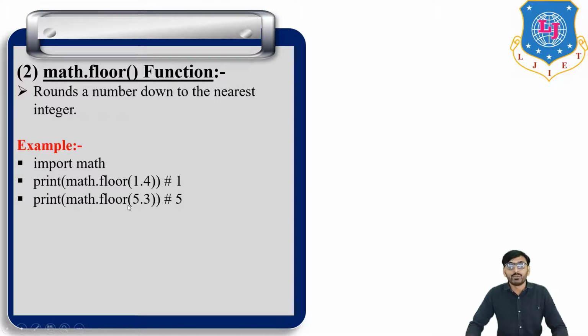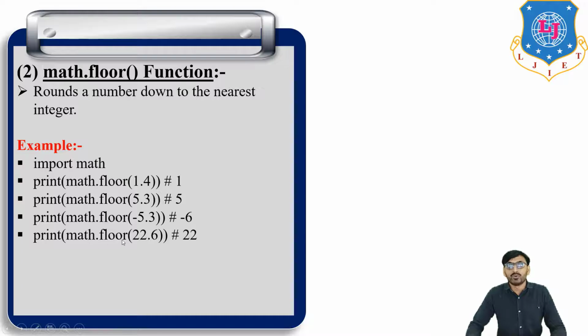Then print math.floor 5.3, we get the answer 5. Then print math.floor minus 5.3, then we get the answer minus 6, because minus 6 is less than minus 5. Then print math.floor 22.6, we get the answer 22, and math.floor 10.0, we get the answer 10.